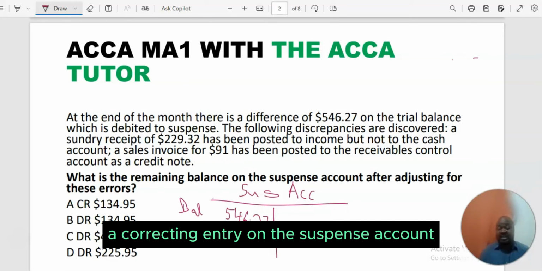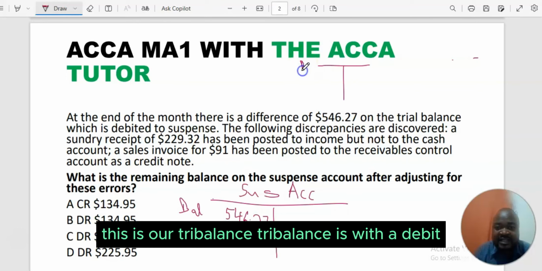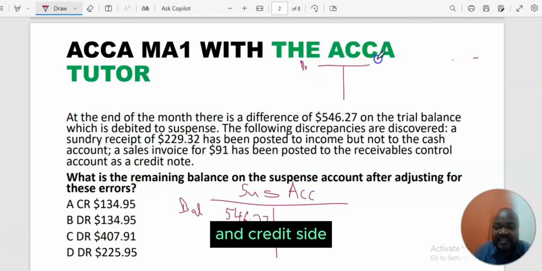The first thing you need to do is to discover which side of the trial balance this particular deficit was impacting. So if you draw up your trial balance here, this is our trial balance. A trial balance has got a debit and credit side.